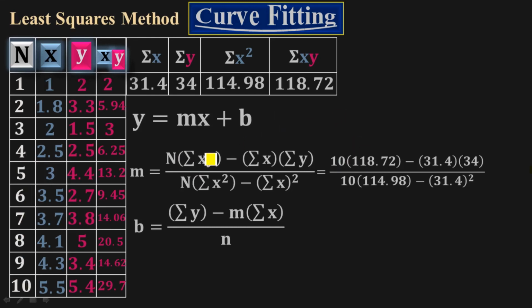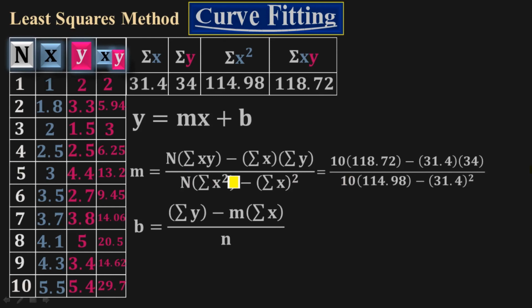What about sigma x times y? Sigma x times y is 118.78. Just plug in 118.78 for sigma x times y, minus sigma x. Sigma x is 31.4. Plug in 31.4 for sigma x. Sigma y is 34. Plug in 34 for sigma y here. All over, as I said, n is 10.